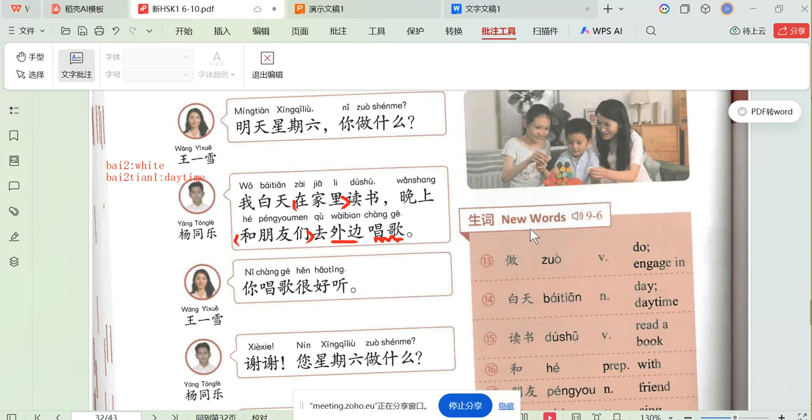So during the whole daytime, from 早上 to 下午, we call it 白天. Not until evening, because in the evening the sky is black. We say 晚上.